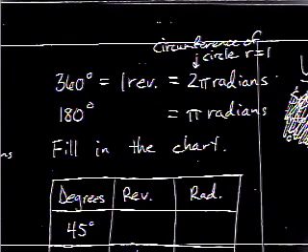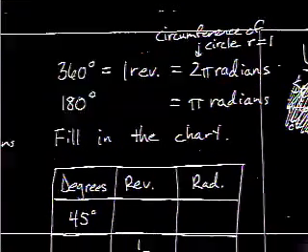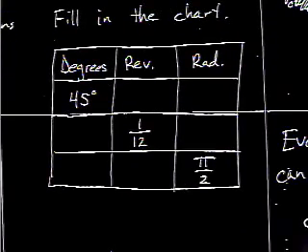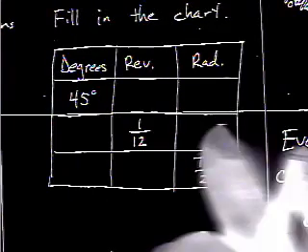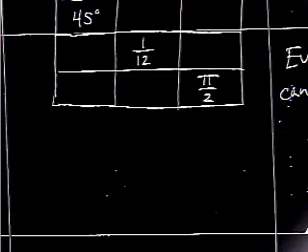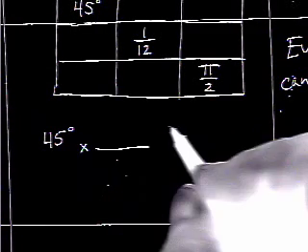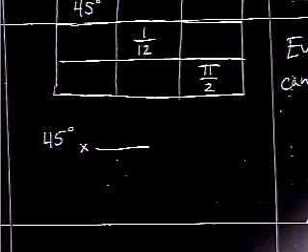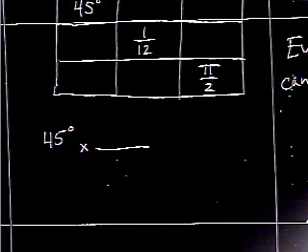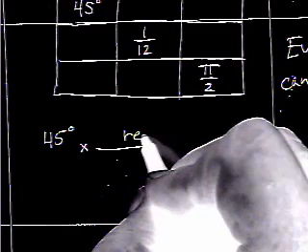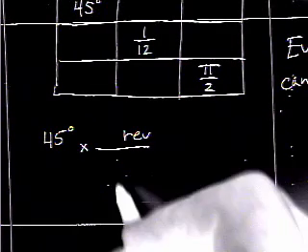Now, I might ask you to fill in this chart. And I might give you a degree and ask you to find the others. So we'll start with 45 degrees. And we're going to convert it to revolutions. Well, 45 degrees. This is the good old factor label method that you've seen maybe in a science class. You want the degree units to cancel, but we want revolution units to be left.